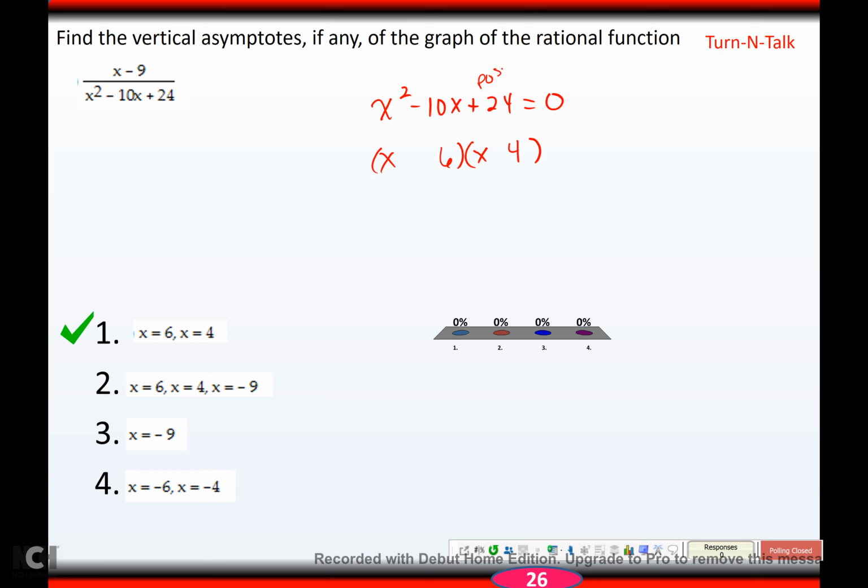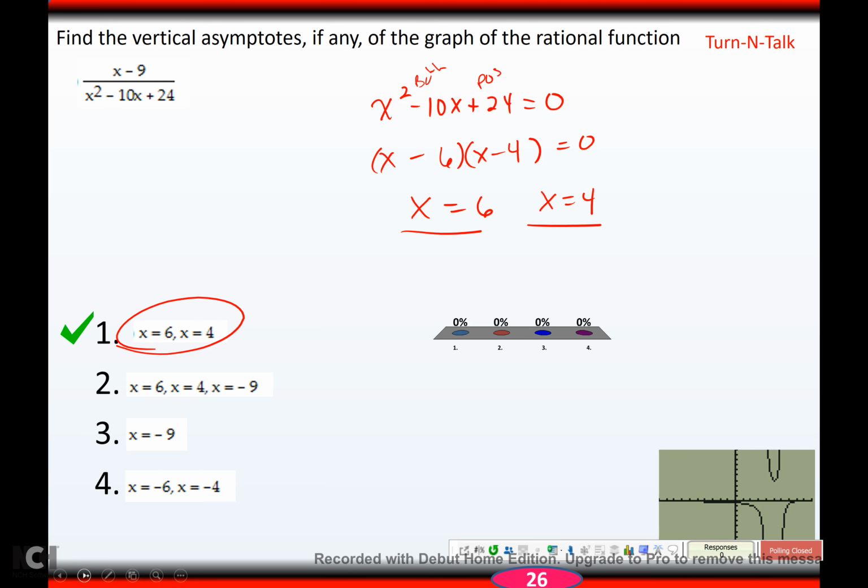C is positive, so they both get the middle sign, which says at x equals 6, I'm going to get an asymptote, and at x equals 4, I'm going to get an asymptote. Don't just put 6 and 4. These are asymptotes. They're vertical lines. They are equations. They're not just numbers. Alright, and you can always look at the graph and tell, there's my jump at 4, there's my jump at 6.